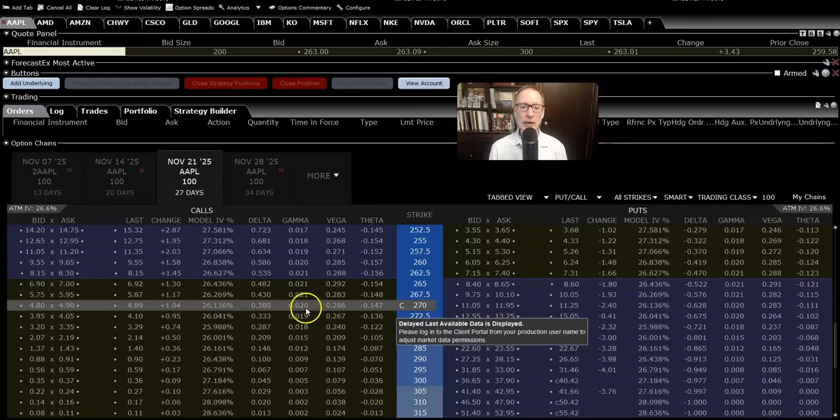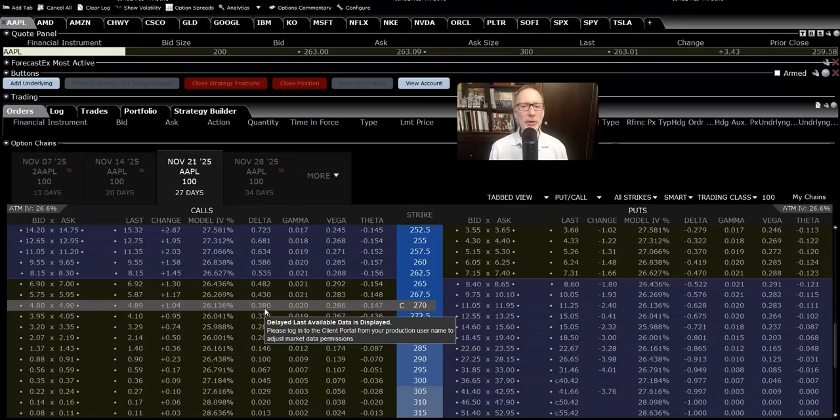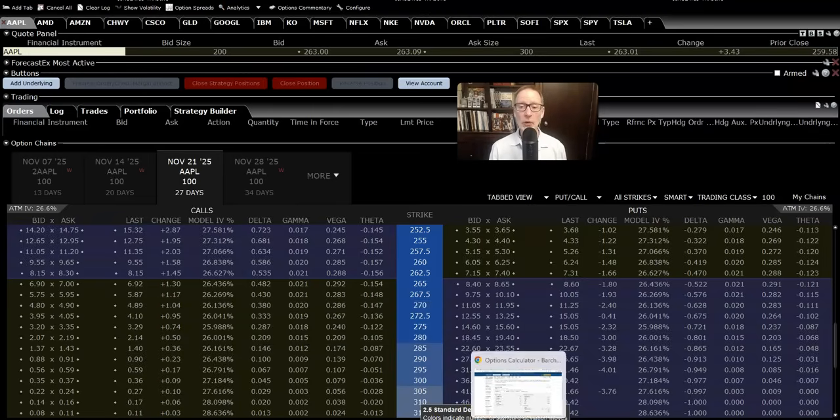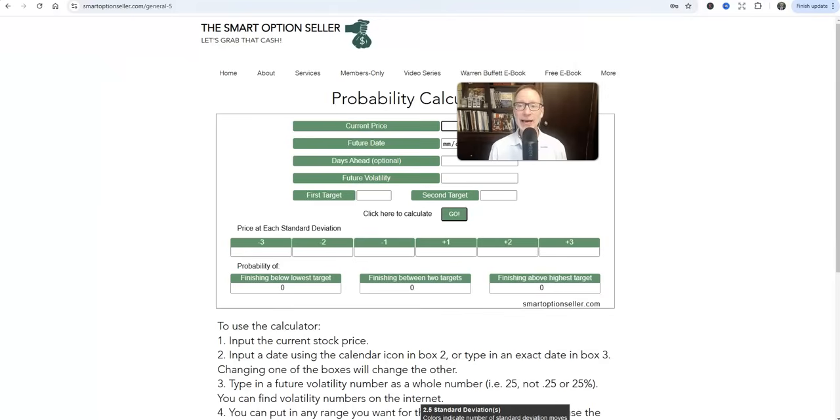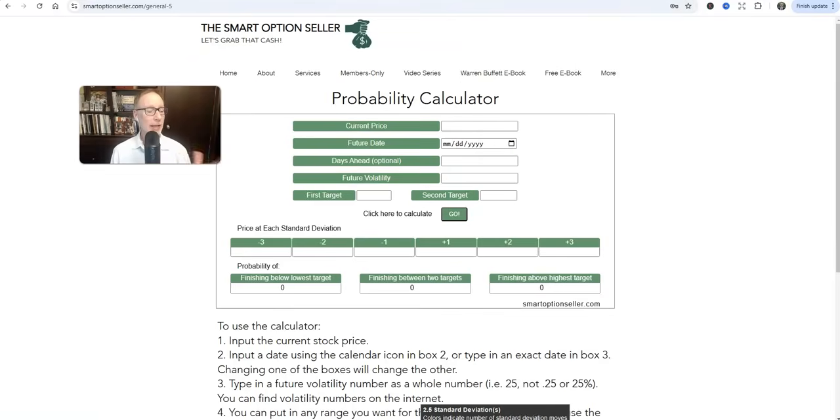Well, you can look at the delta of the 270 calls roughly and see the delta a little bit above it. So I'd say that the probability of actually winning at this point is about maybe 37%. Now, if you want to know the exact number, we can use our handy probability calculator that we have on our website.